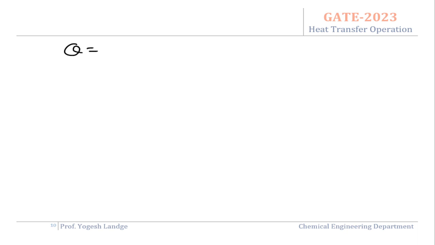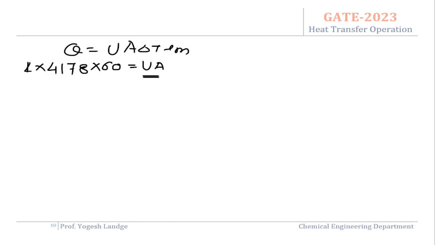I again write this equation, Q equals UA delta T LM. So the value of Q is the mass flow rate of the water, 1, into the specific heat of water, and the temperature difference is 60, equals UA, which I want to find out, and the delta TLM value is 20.